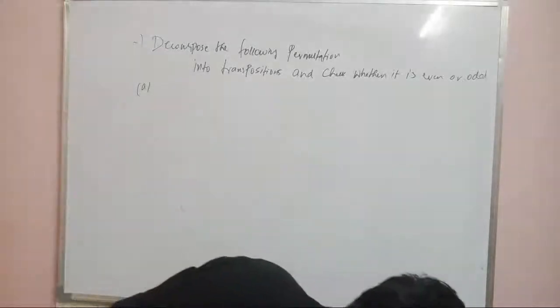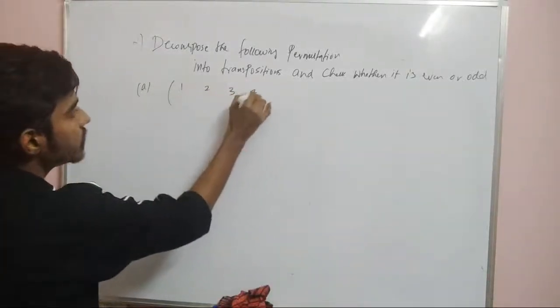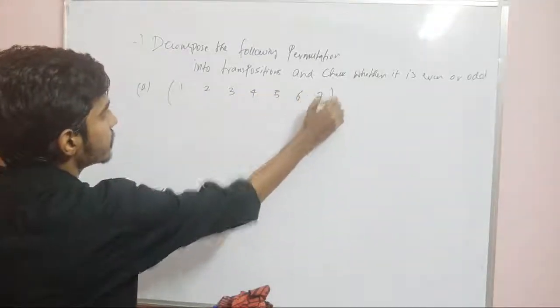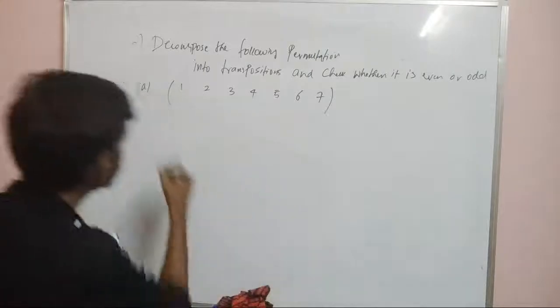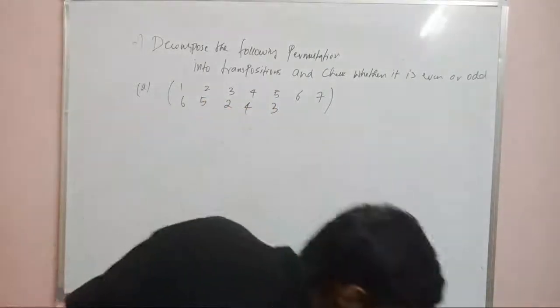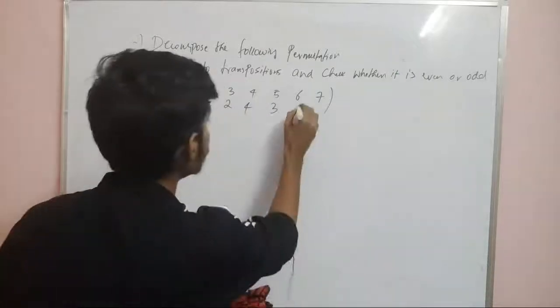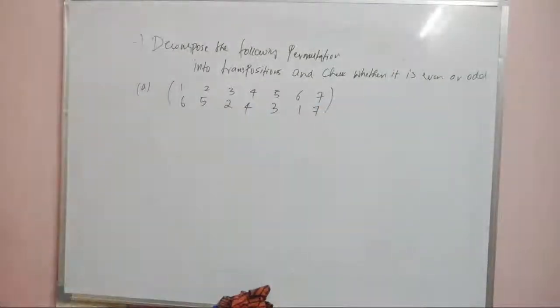So first is 1 2 3 4 5 6 7 maps to 6 5 2 4 3 1 7. First we need to represent this as a product of transpositions.